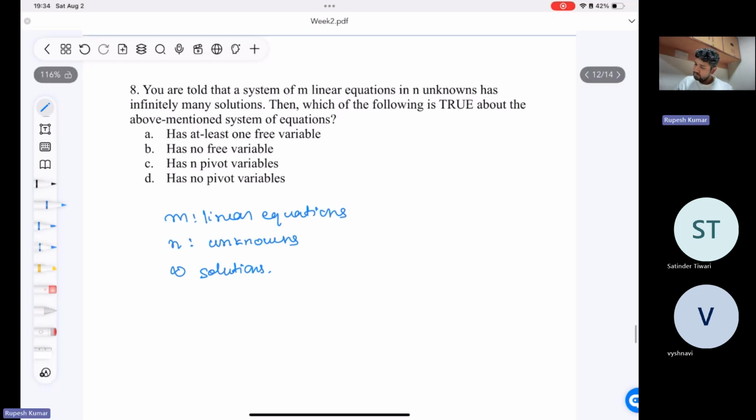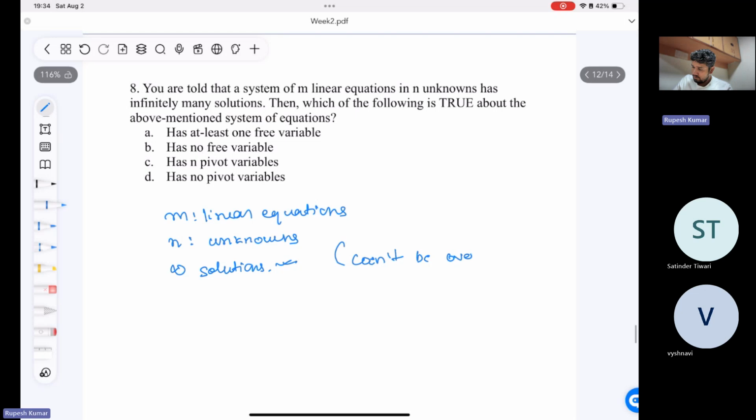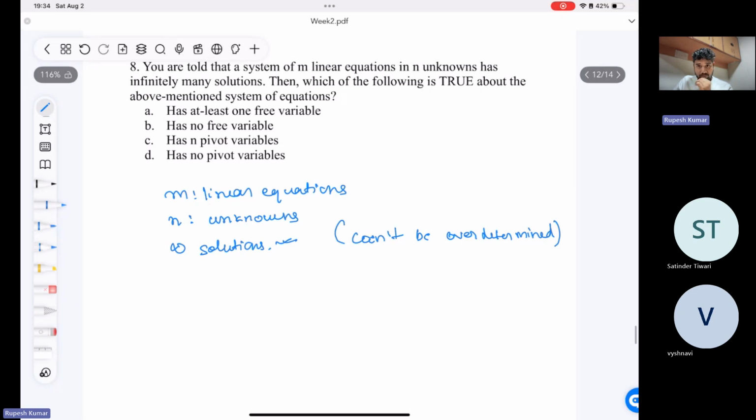Okay, let's look into this. Now we are saying we have some solution, right? So it can't be over determined. It has some solution, so it can't be over determined, so it has to be under determined or fully determined.